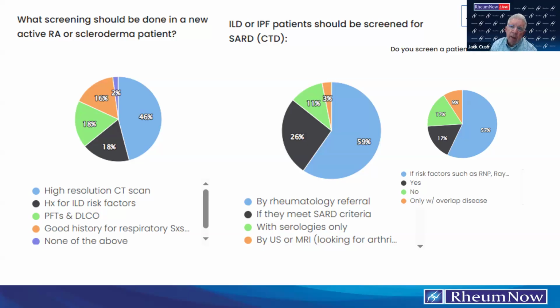The other minority, about 18% each, said only if you have risk factors, or I'll do PFTs and DLCO, or only if there's a good history. So does anybody want to reference the guidelines and what the right answer here is? And is it different between scleroderma and RA, if you're considering screening for ILD?